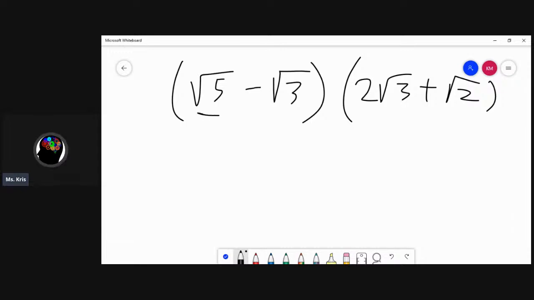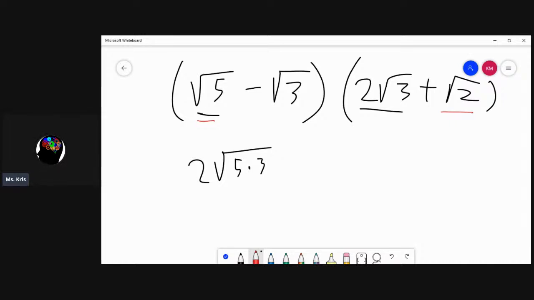How you multiply these is FOIL. First, square root of 5 times 2 square roots of 3. That will give me 2 square roots of 5 times 3. Next is outer, which is my first term in the first parenthesis times my second term in the second parenthesis.